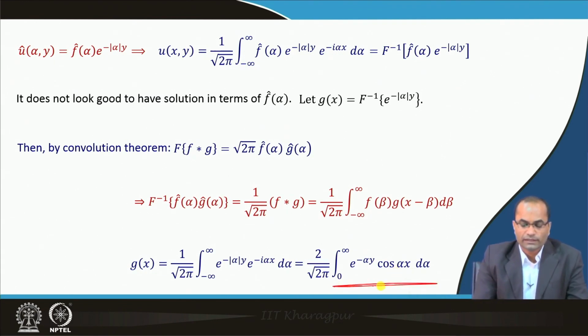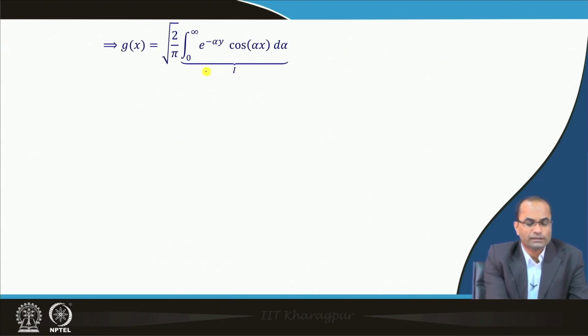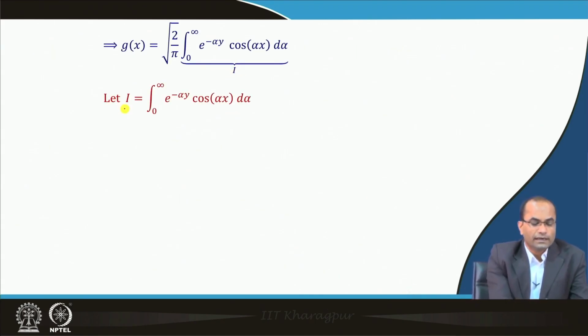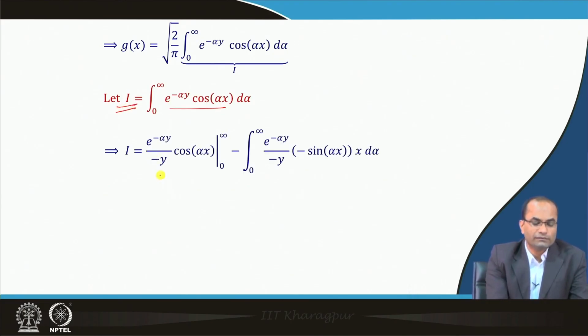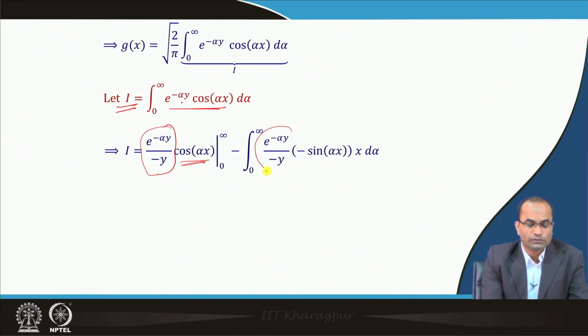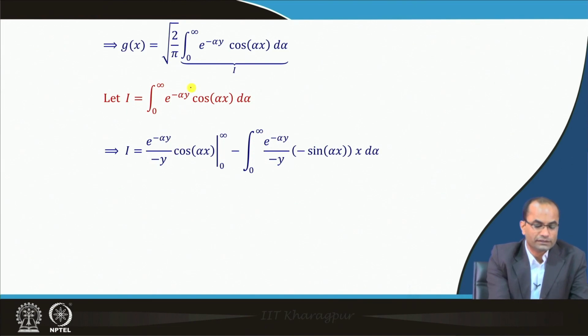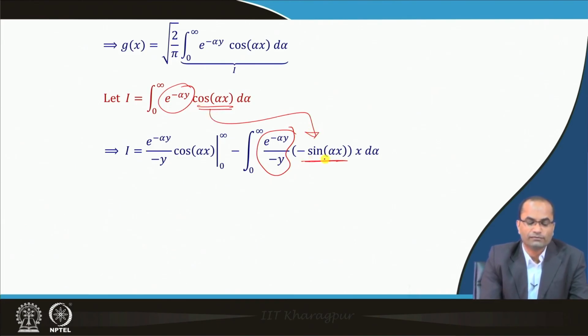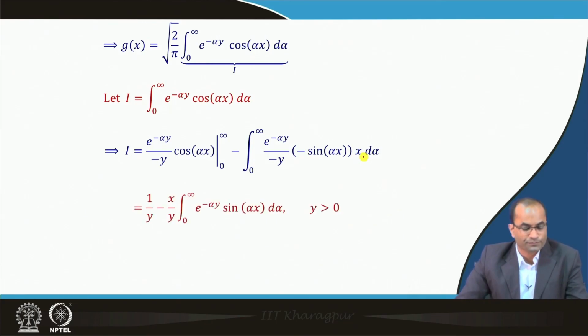So, this integral we can now evaluate. Let us call it I, and we can integrate this by parts. So, e power minus alpha y divided by minus y, and we have cos alpha x. With respect to alpha we are integrating, therefore this minus y has come after the integration of e power minus alpha y. Here also the same situation, and the differentiation of cos will be minus sin alpha x, and then there will be an x term.